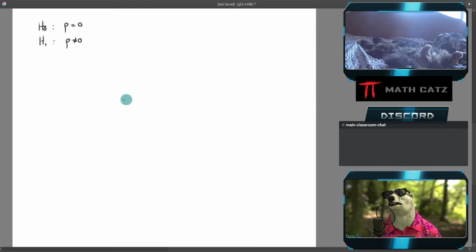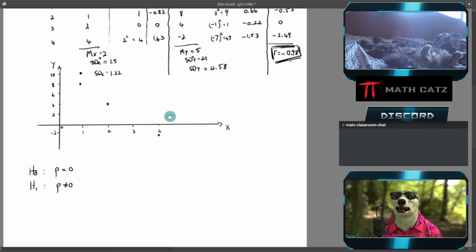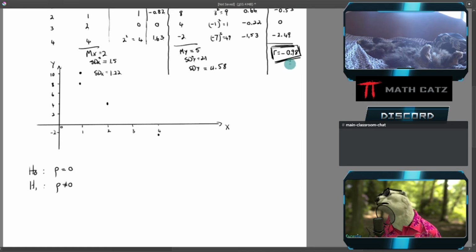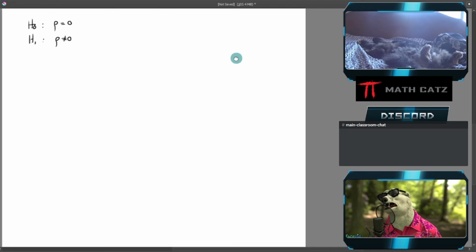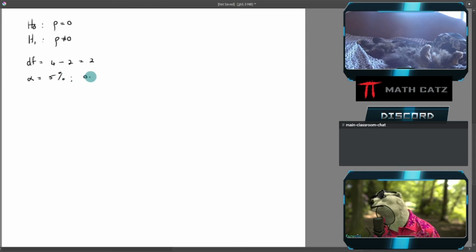Is the evidence strong enough? We got negative 0.98. I don't know if that's strong enough. That's based on one sample. My degrees of freedom are the sample size minus 2. And we have our significance level alpha at 5%, or 0.05, depending on whether we talk about it or whether we use it in a calculation.